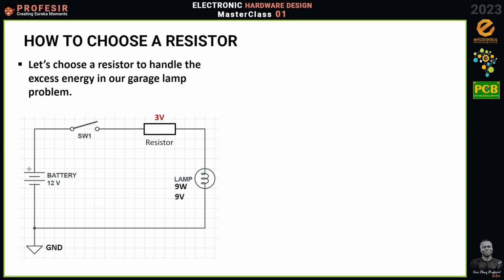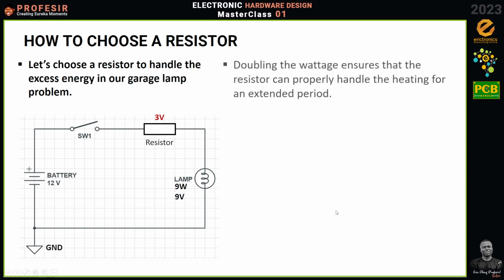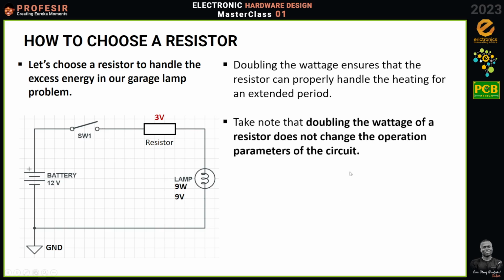Because now it has a much wider surface area to dissipate the heat. So somebody may ask, if I choose 6 watt or 5 watt instead of 3 watt, is that not going to affect the parameters of my circuit? Well, the answer is no.